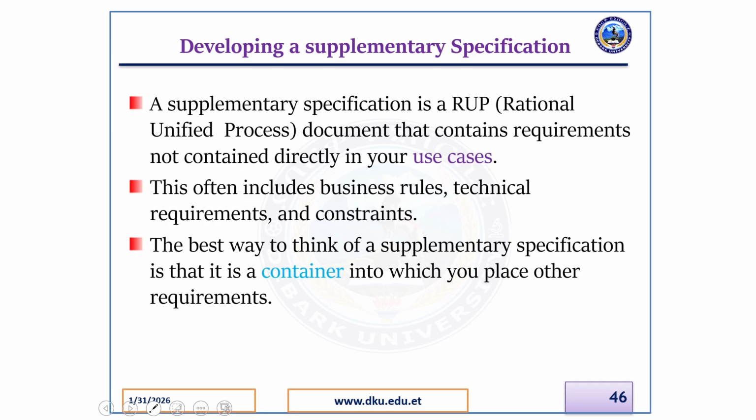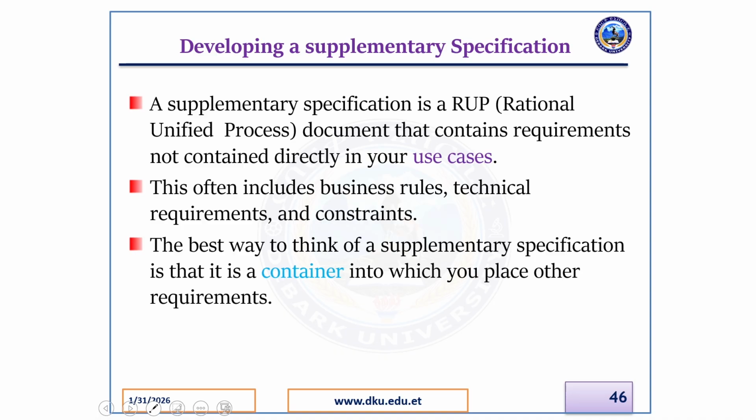Another important topic here is developing supplementary specifications. A supplementary specification is, in the Rational Unified Process, abbreviated as RUP, a document that contains requirements not contained directly in your use cases.